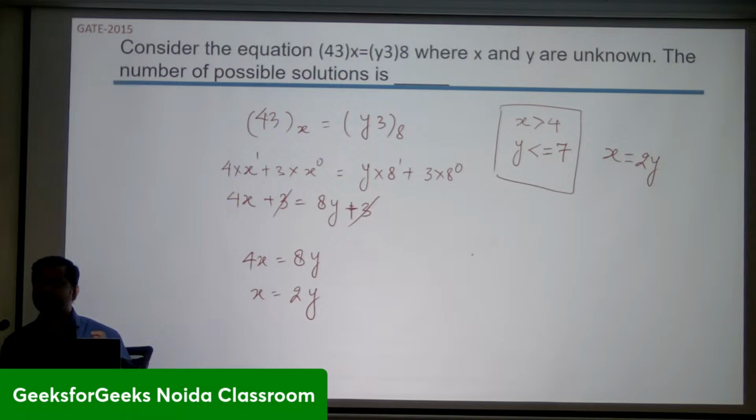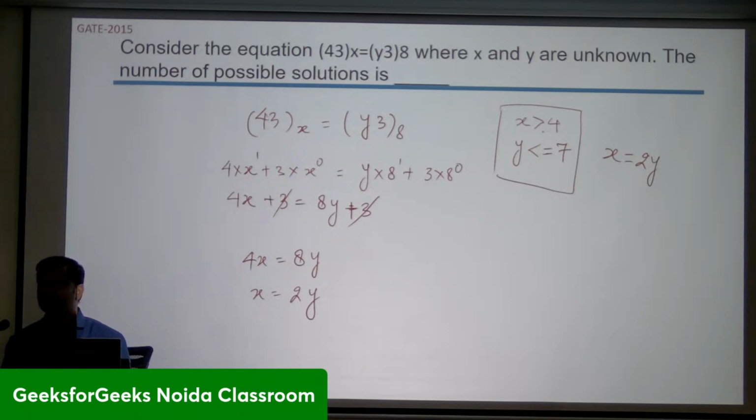Now start picking the values corresponding to x and y so that we can have the possibilities. How many number of solutions are possible for this? Can we take x as 1? We cannot, because it cannot be less than 4.